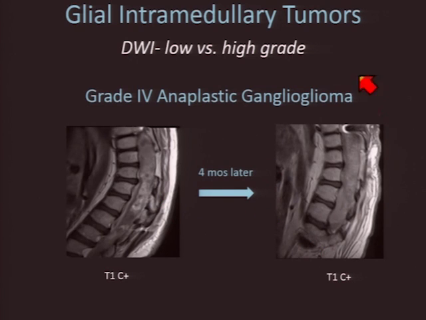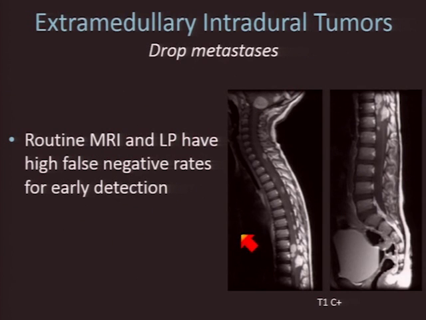Four months later, this is how rapidly this tumor expanded. And on biopsy, this was a grade 4 anaplastic ganglioglioma now. But I think where the diffusion has really helped us a lot is in the detection of drop metastases. So drop metastases are actually the most common extramedullary intradural tumor in children.